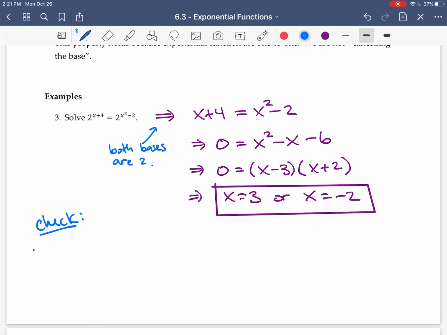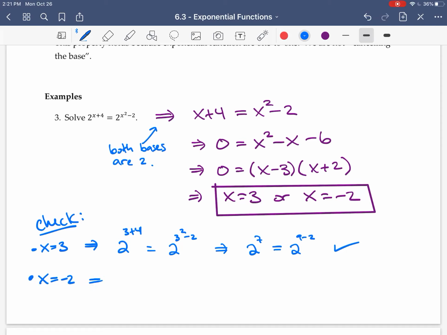So if I plug in x equals 3, then I have 2 to the 3 plus 4 equals 2 to the 3 squared minus 2. So that says 2 to the 7 equals 2 to the 9 minus 2, which is also 2 to the 7. So that checks out.